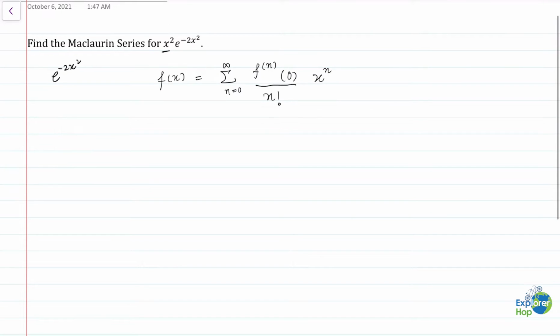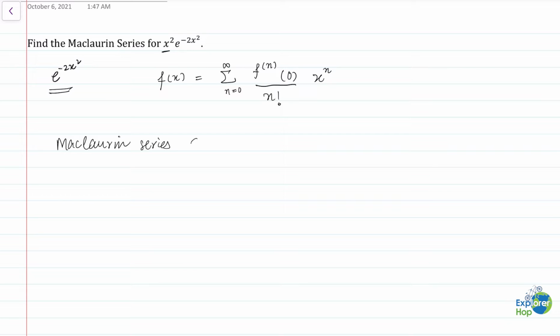So basically, finding the Maclaurin series would involve differentiating this function several times and trying to find a pattern, and then we'll substitute in the series. But if you'll notice, differentiating this function several times would be tedious and finding a pattern would be difficult. So what we can do instead is start by finding the Maclaurin series for e to the power of x.